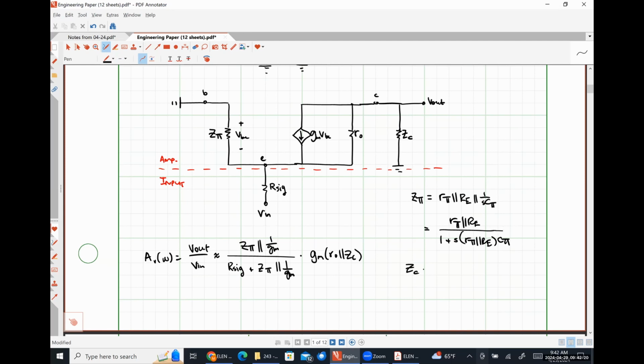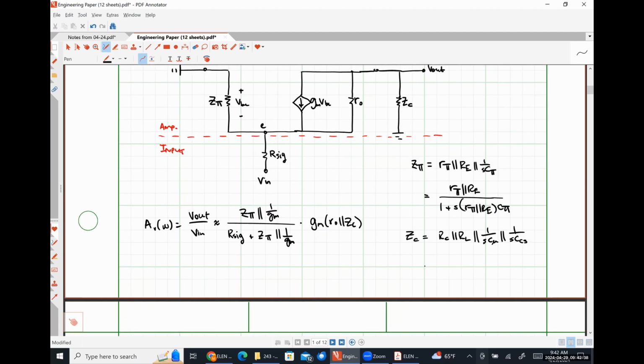And ZC is RC in parallel with RL in parallel with 1 over S C mu in parallel with 1 over S CCS. And I can express that as RC in parallel with RL divided by 1 plus S times RC in parallel with RL times C mu plus CCS.